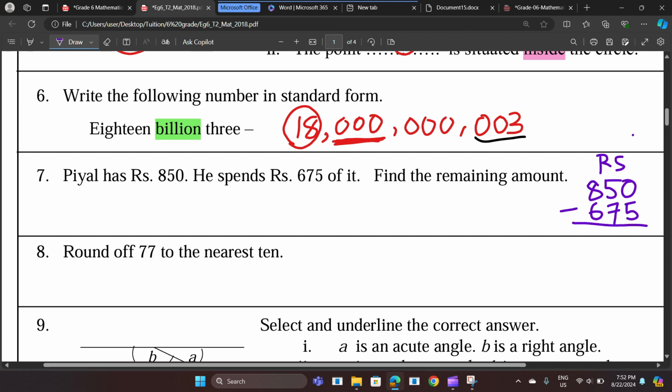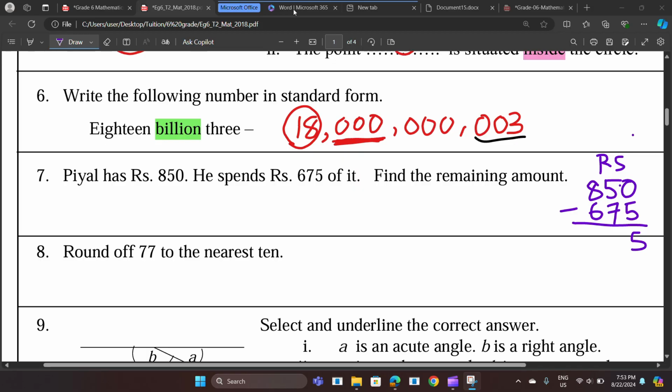It is easy. We have to take 1, 5 from 10, 5. Now there is only 4 because we took a 1. We can't subtract 7 from 4, so we should take another 1 from this 8.